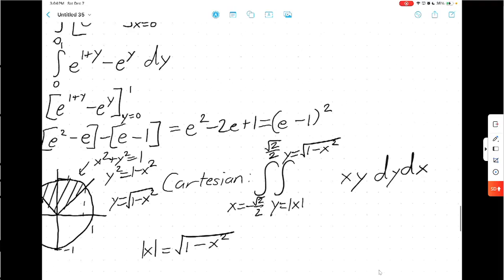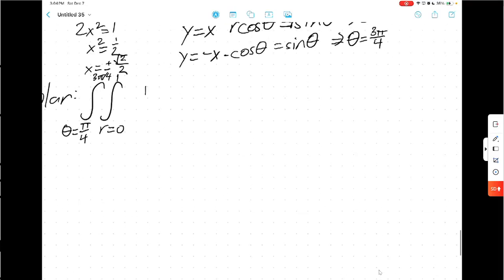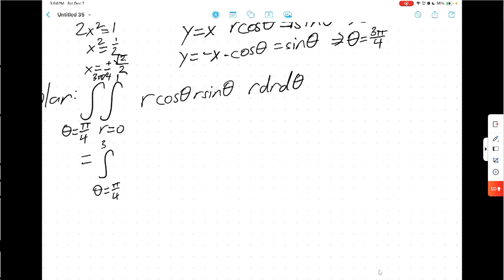And finally, we have xy to deal with, which is going to be r cosine theta times r sine theta, r dr d theta. Theta is equal to pi over 4 to 3 pi over 4, r is equal to 0 to 1, of r cubed sine theta cos theta, dr d theta.